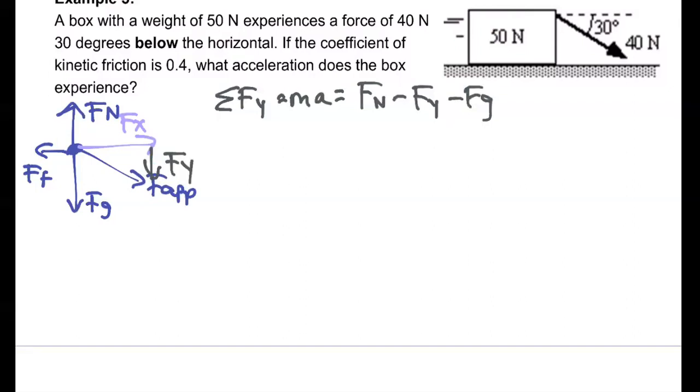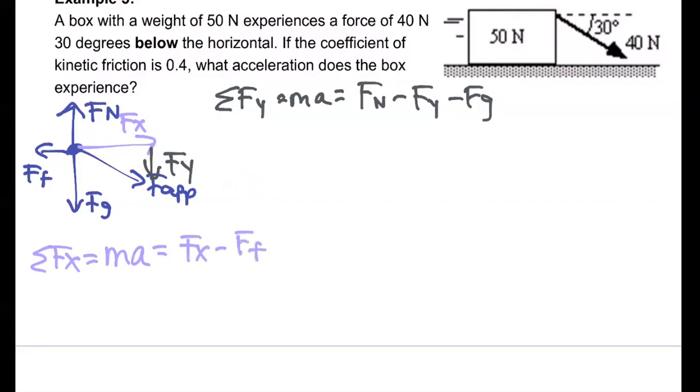In the X direction, I've got my sum of my forces in the X direction. I'm going to actually move this over here because I know I'm going to need space. Sum of the forces in the X direction equal mass times acceleration. That's the acceleration I'm solving for, which equals Fx minus Ff.